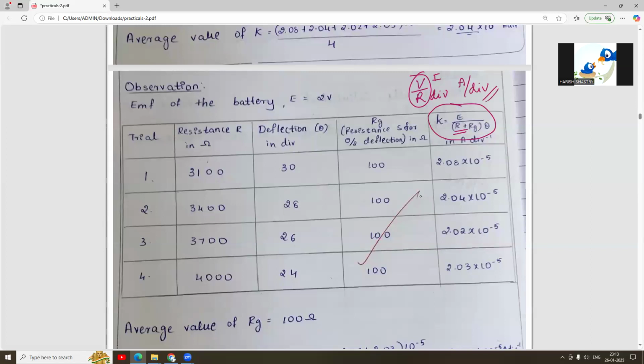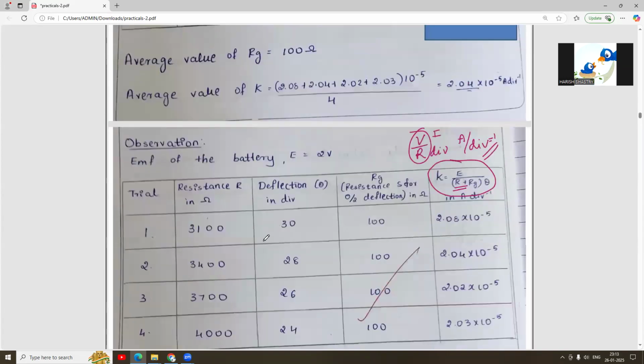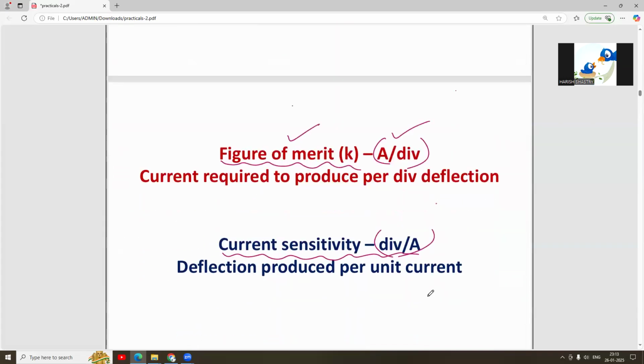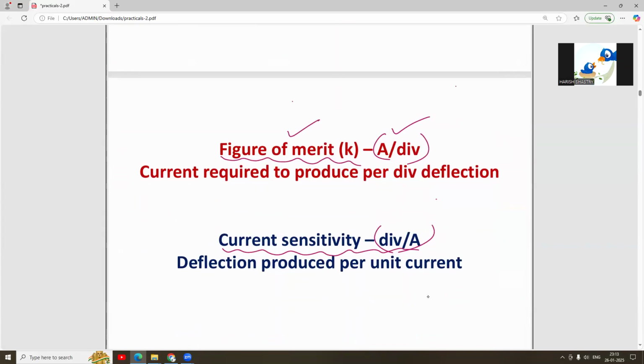So what do you mean by this figure of merit then? If you want to make this one division, from the formula itself we will get the unit. If you want to make this one division, how much current is needed? That is figure of merit. So if you want to define it, you can define it like this: how much current is required to produce one division deflection, that is figure of merit.